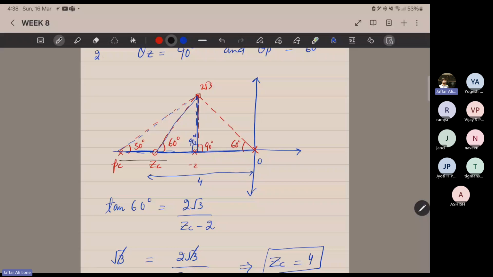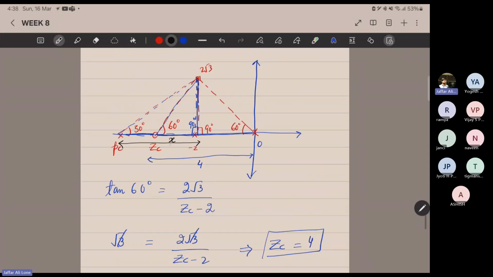Then root 3 over 3 is equal to 2 root 3 over x. This and this will cancel. It implies x is 6. So this x is 6. Then what is PC? 6 plus 2. PC is 8. So it implies my PC will be 8. This is basic trigonometry I'm using. My PC is 8.